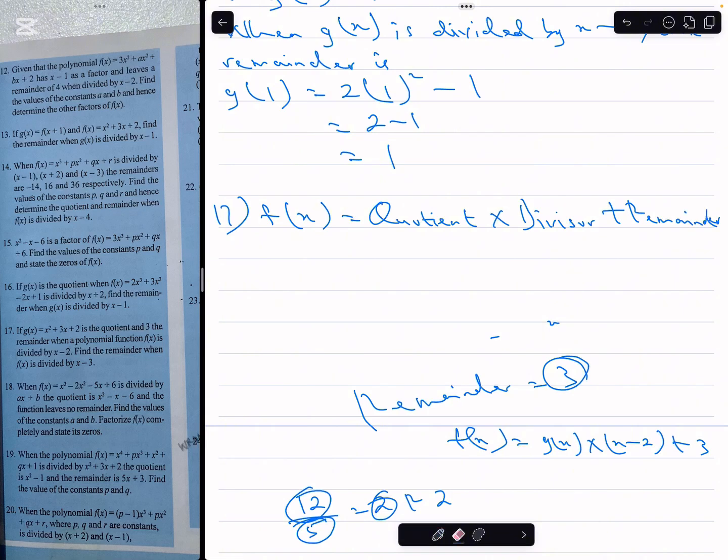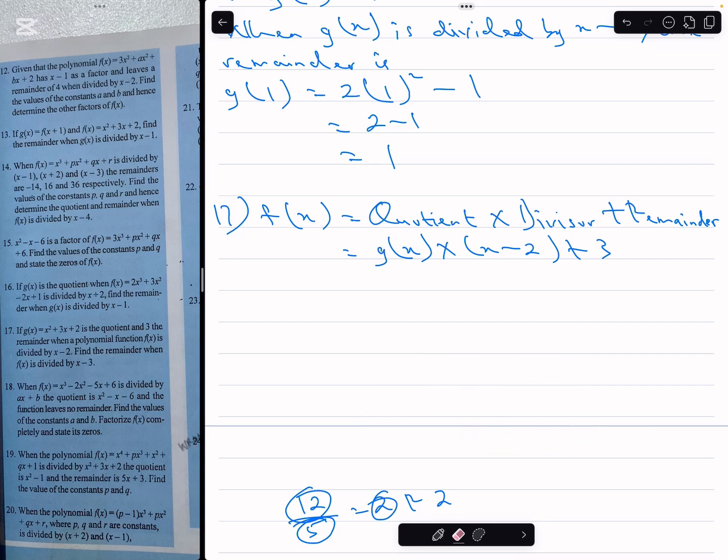And that will be, the quotient is g of x times the divisor is x minus 2, and the remainder is 3. That's how to obtain f of x in full.